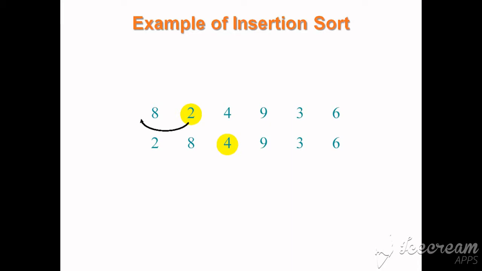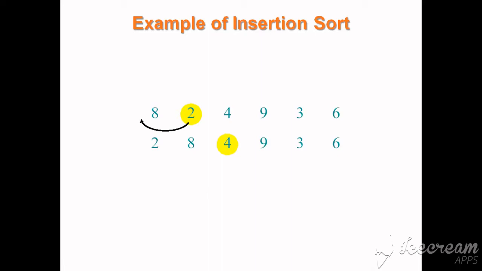As iteration goes on, now the pointer is on index value 3 and here the value is 4. It is again compared with all the values available on the left side, until we get a value smaller than 4. So we look in the left direction.